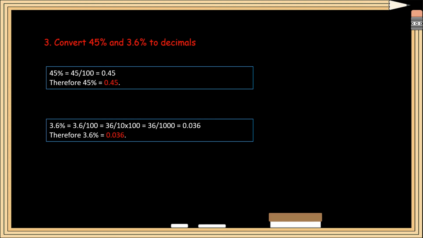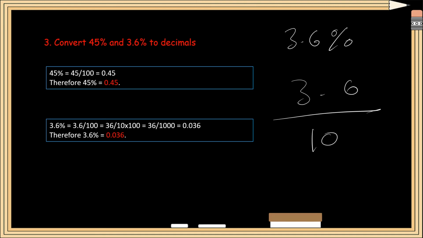So here's our problem, and I'll just write it: 3.6%. Now you see this 3.6%, we can write it as 3.6 by 100, and now we need to get rid of this decimal point, so we multiply it by 10.